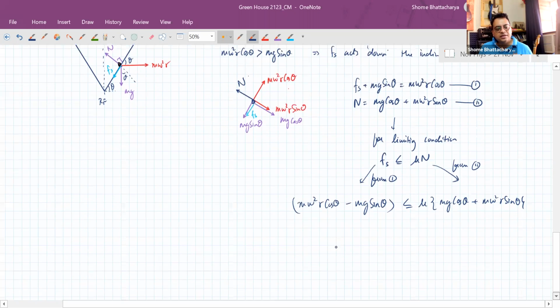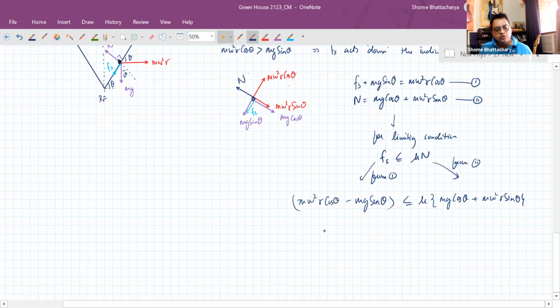So now we can cancel m on both sides and take omega square on one side. You have cos theta minus mu sin theta, and that is less than or equal to, taking g on the other side, sin theta plus mu cos theta.